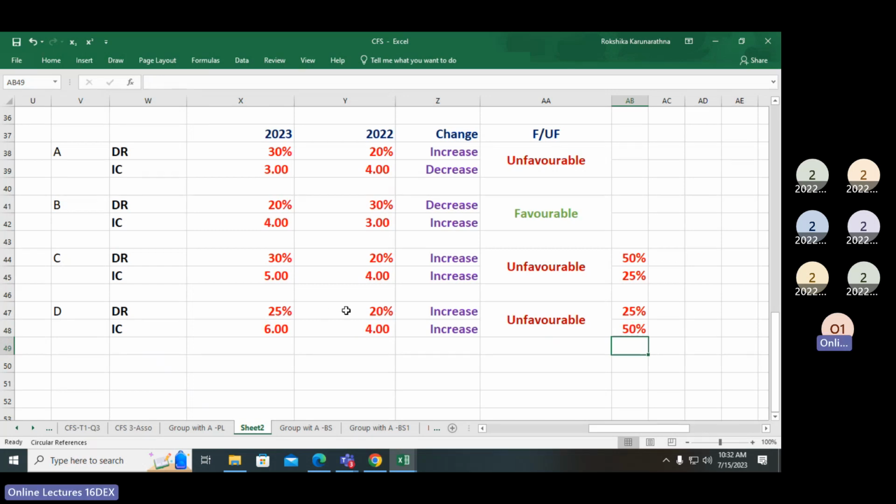Right. Now, debt ratio 20 to 25%. 5 out of 20. 25% වැඩි වෙලා. Interest cover 4 to 6. 4 to 6 කියන්නේ 2 divided by 4, 50%.